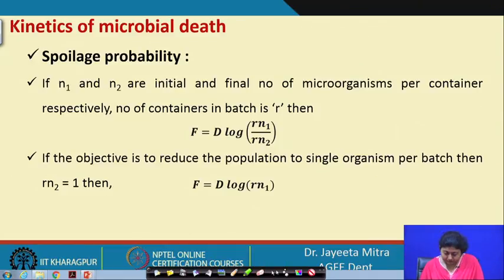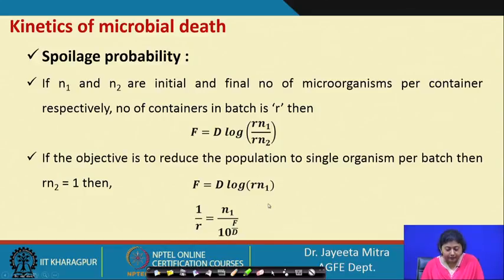Okay. So, 1 by R, from here we can write it as N1, that is the number of initial microbial load per container, divided by 10 to the power F by D. Okay. F is the total process time, divided by D, that is decimal reduction time.